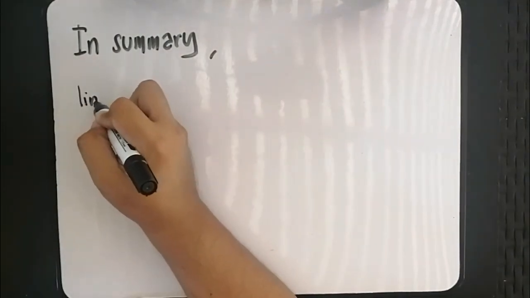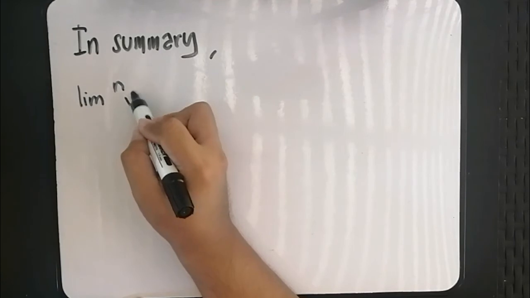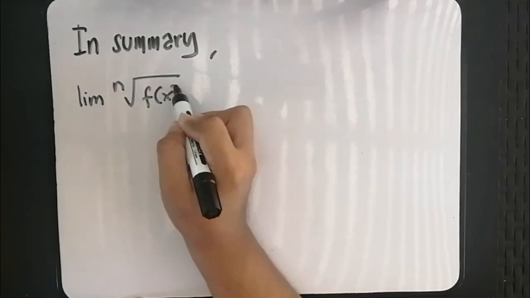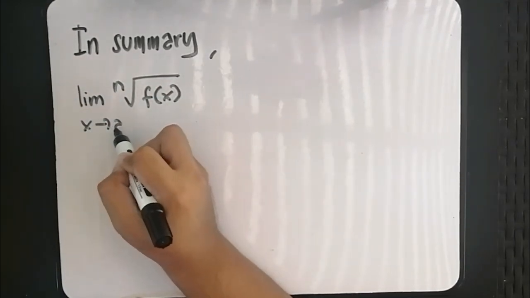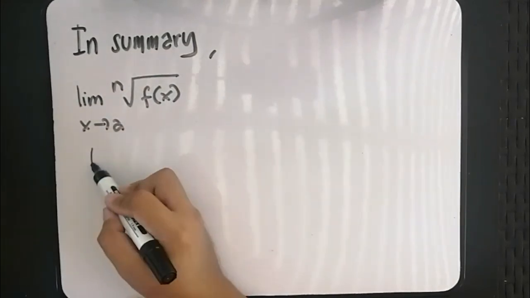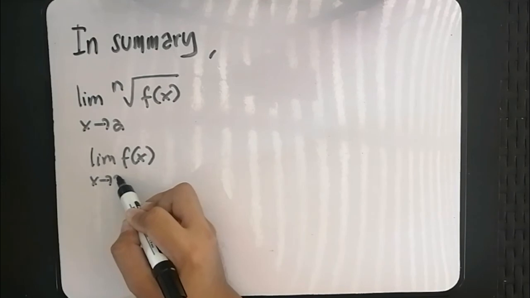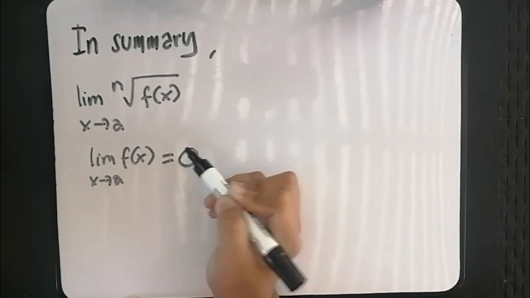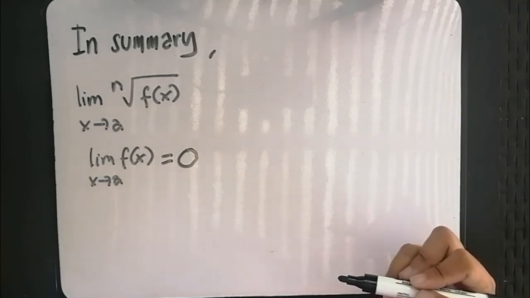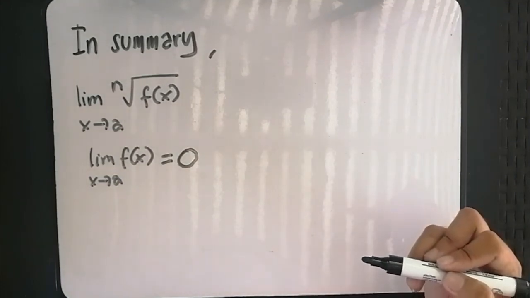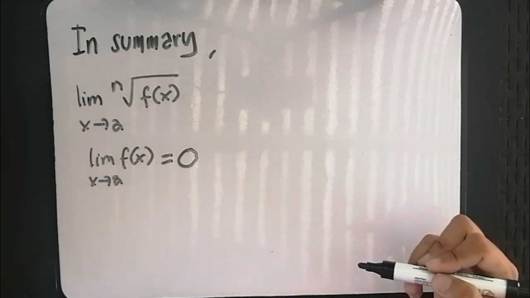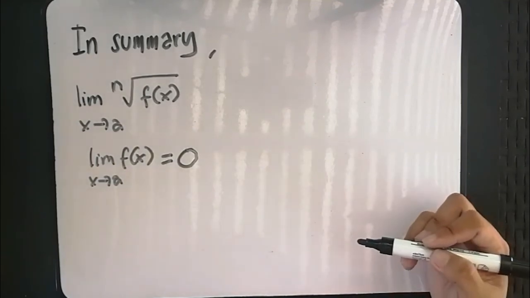In summary, if we are looking for the limit of the nth root of f of x as x approaches a and the limit of f of x as x approaches a is equal to 0, we have to look for the values that f of x will pass through.